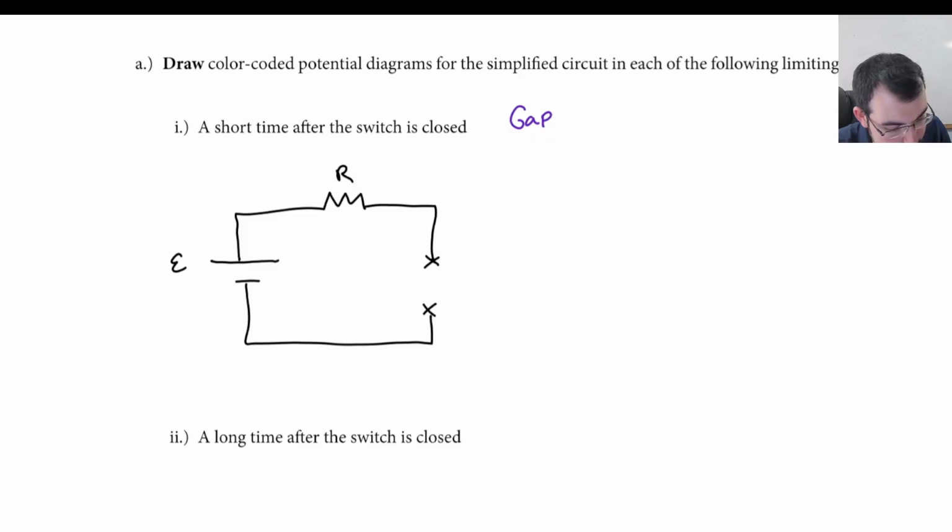If we color code our potential, we see there's no current flow. There's no current flow through this resistor because I have a hole in my circuit. So there can't be a potential difference across it if there's no current. That means the gap, or the inductor, holds all of the potential difference.